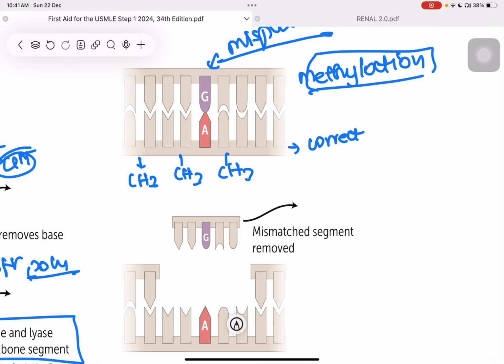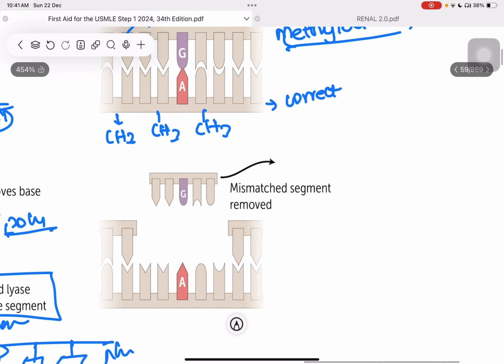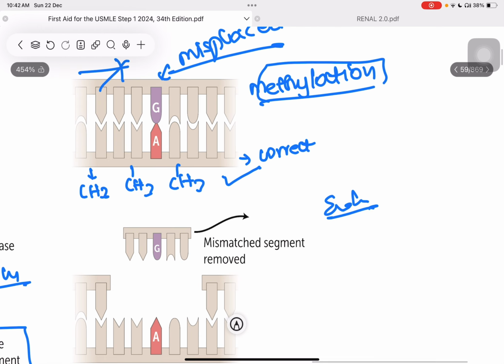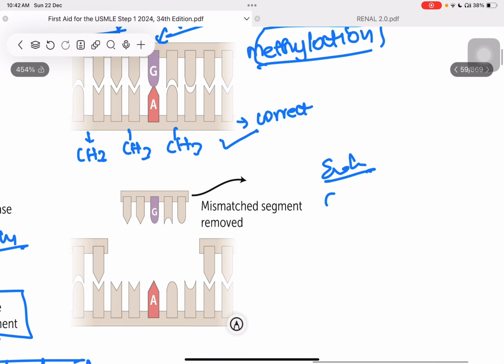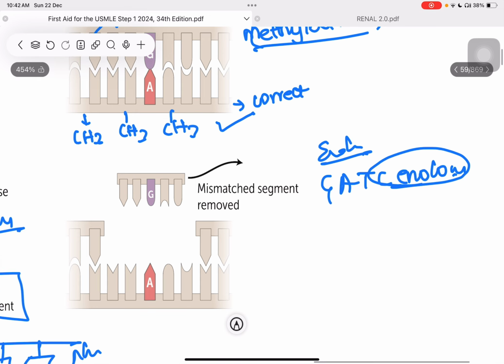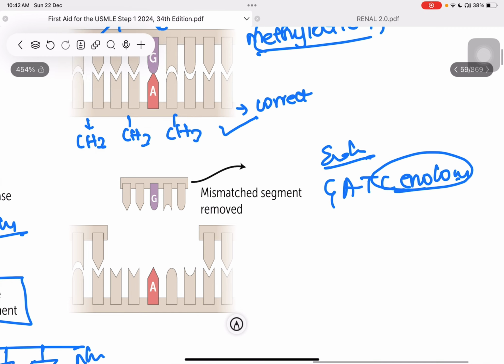This strand doesn't get methylated. So by this, your endonucleases understand, okay, this is the correct strand, so I need not change any sequence over here. The sequence that I need to nick is the wrong strand, which is the non-methylated strand. You have GATC endonuclease acting over here. This GATC endonuclease scans the defective strand and makes a nick at the nearest GATC sequence. Let's say here you have a GATC sequence.